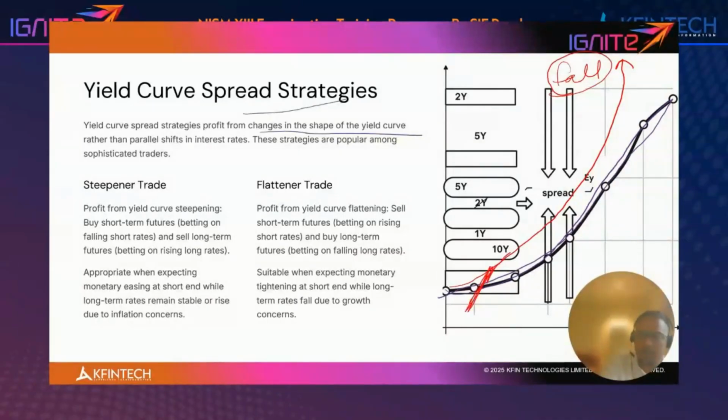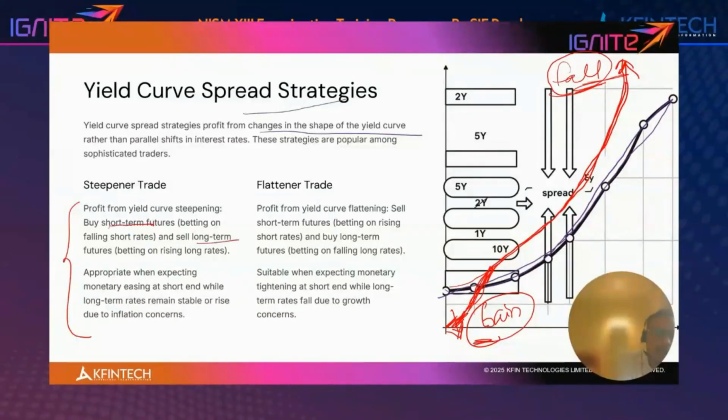And the bonds over here, suppose it went like this, will gain because the interest rates have gone down. Look at the red curve. This is the expected change. So the bonds over here will gain because the interest rates have gone down. The bonds over here will fall as the interest rates have gone up. So you can profit. You buy the short-term futures. Why? Because you will get a gain over here. And sell the long-term futures. Why? Because here it will fall.